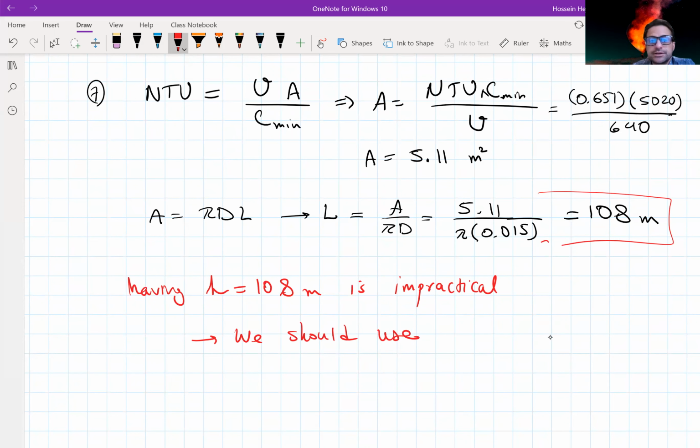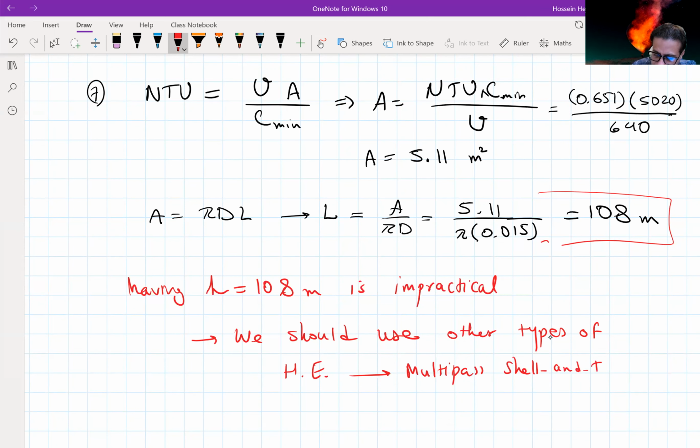It could be a plate heat exchanger, or other types such as a multipass shell and tube heat exchanger.